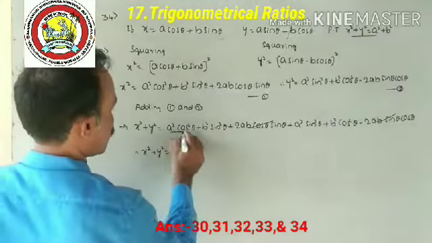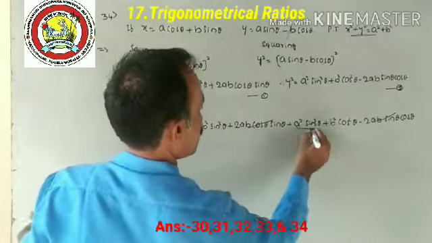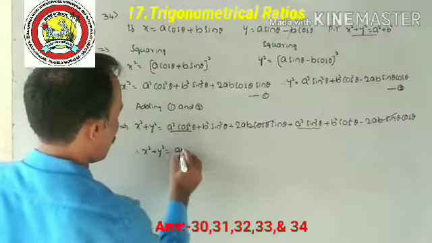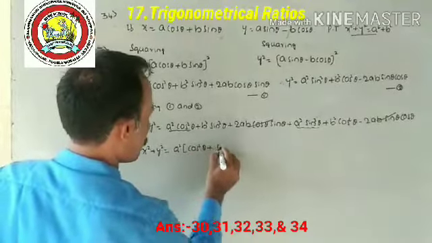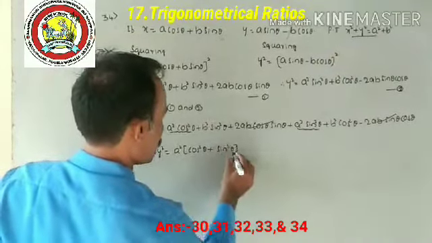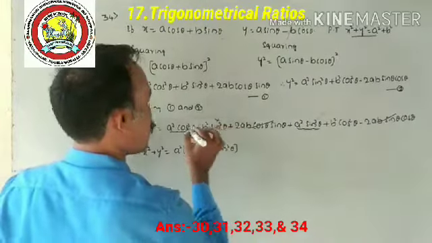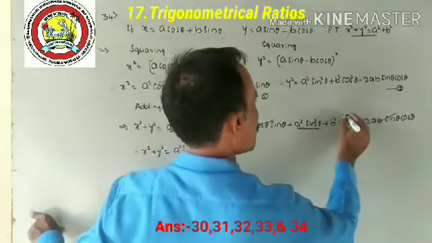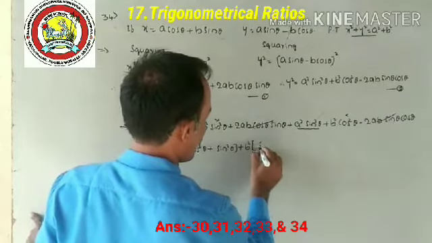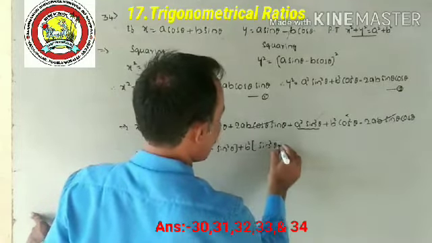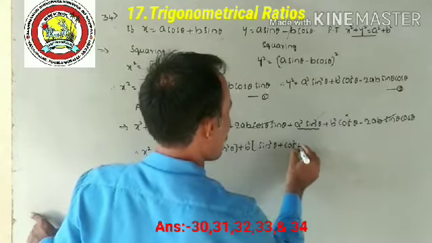That's a square cos square theta, a square sin square theta. So, a square is common, remaining cos square theta plus sin square theta. Next, that's b square sin square theta, b square cos square theta, plus b square is common, remaining sin square theta plus cos square theta.